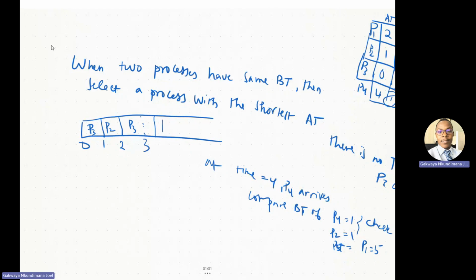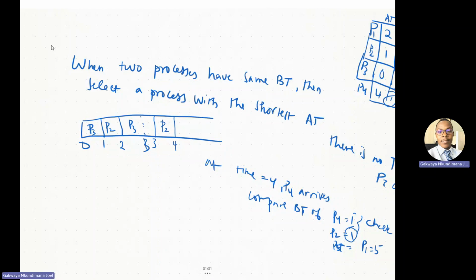So P2 will continue, and remember, it remains with only one time. So at time 3, P3 completed. At time 4, P2 completed.